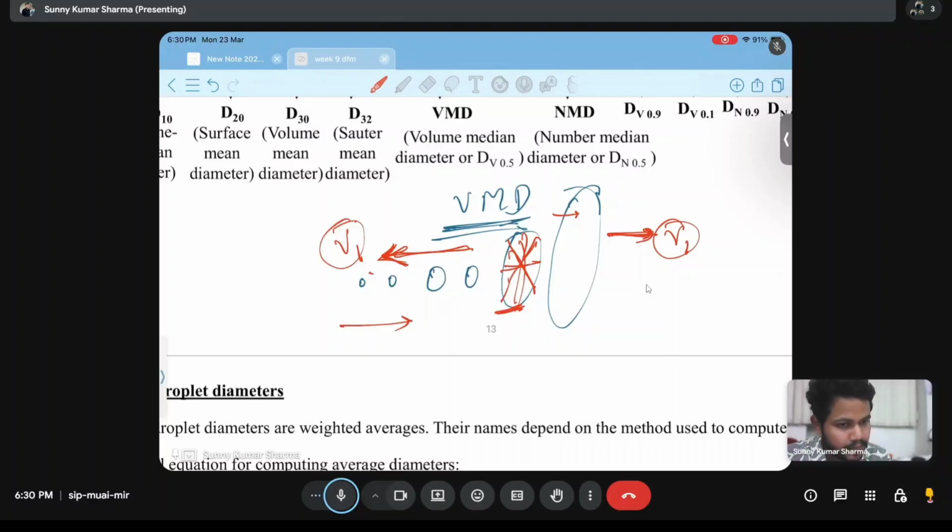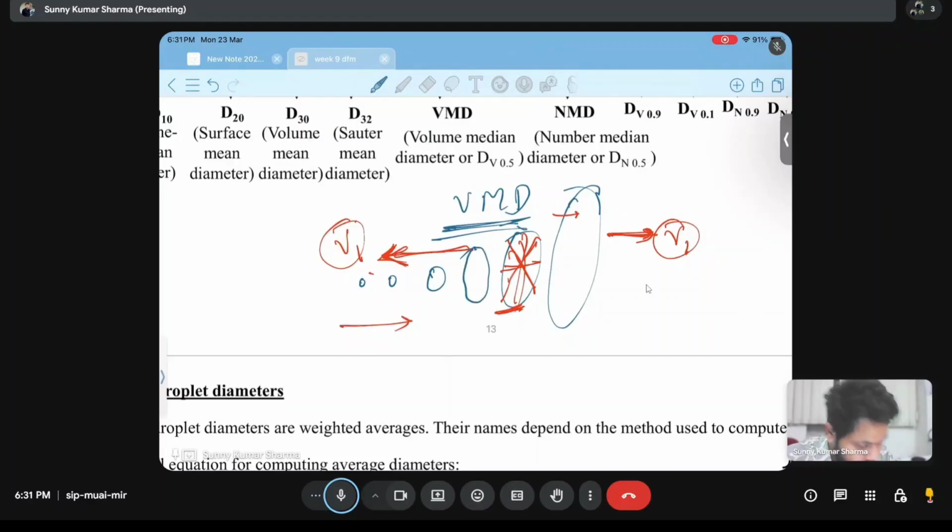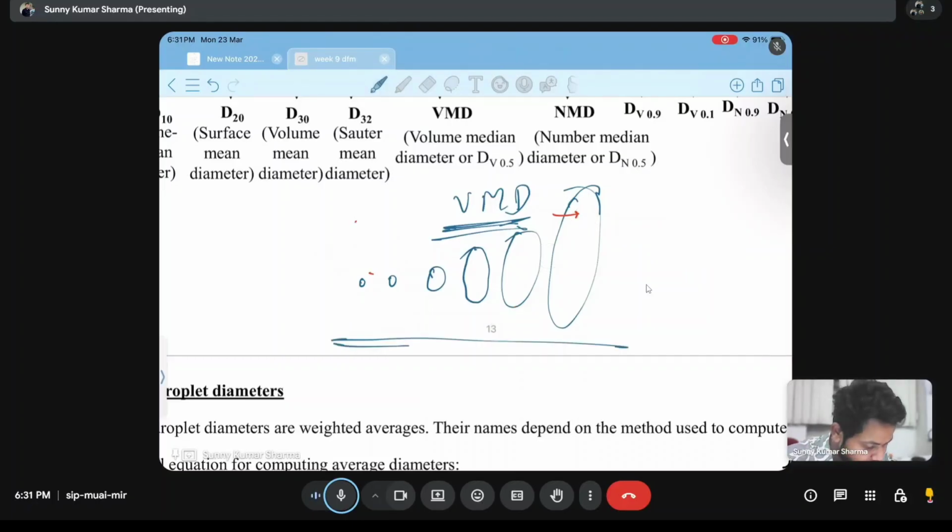Sir, once again, please. In this arrangement, I'm asking which diameter has the same volume below it and the same volume after it. Suppose this is all the volume.